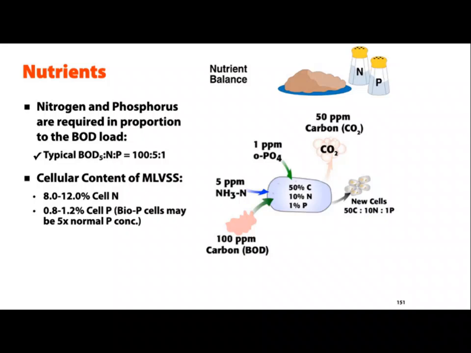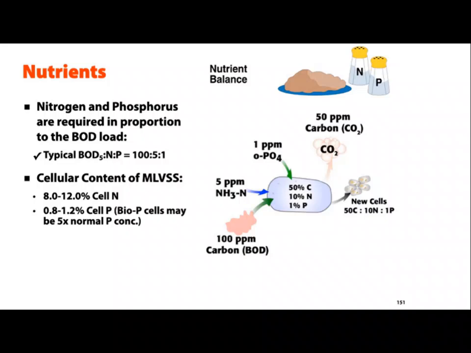So half of the carbon leaves the system through byproducts of respiration. The other half goes into cell growth. And if 10% of that cell that grew is supposed to be nitrogen, then it's 10% of the 50 that was utilized, which is where the 100 to 5 comes from.